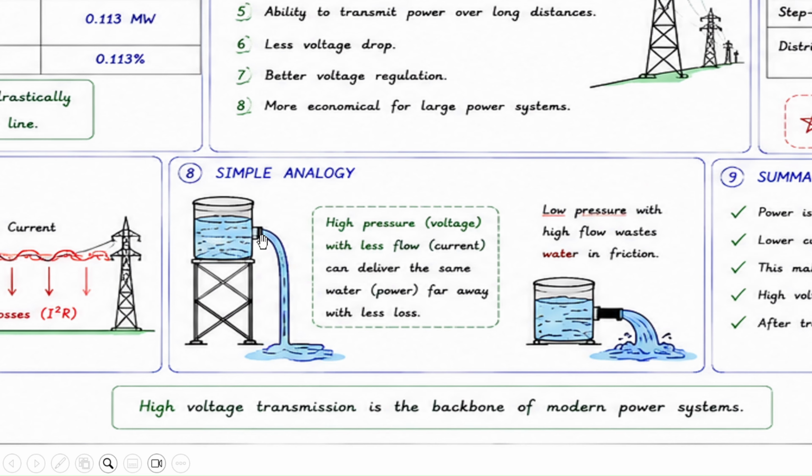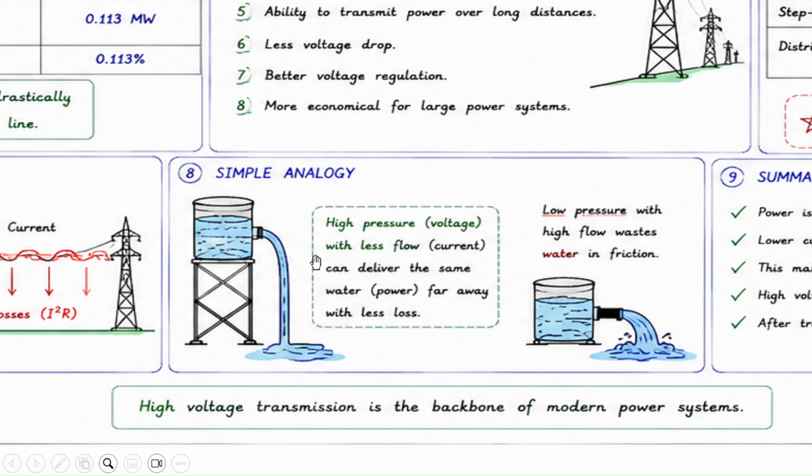This has a small outlet, and this has a bigger outlet. With the small outlet, we'll have a high pressure but a lower flow rate. A lower flow rate will generate less resistance in the water, whereas a bigger outlet will allow water to gush out faster, and it will cause more friction.